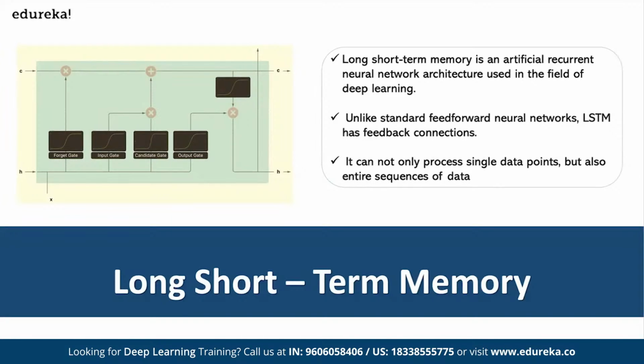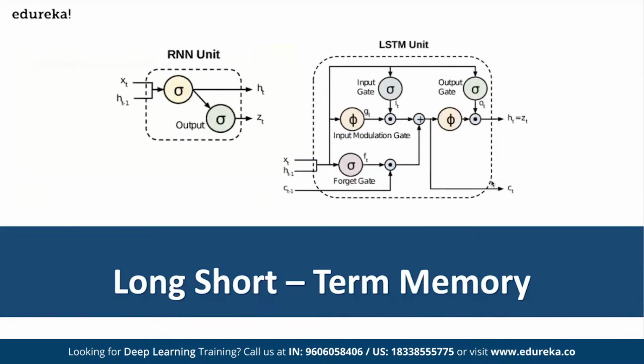Next, it can not only process a single data point, but also process entire sequences of data in an effective way when we are talking about this LSTM network. These are the key aspects of the LSTM, that is, the long short-term memory. And here, this is the comparison between an RNN unit and the LSTM unit.